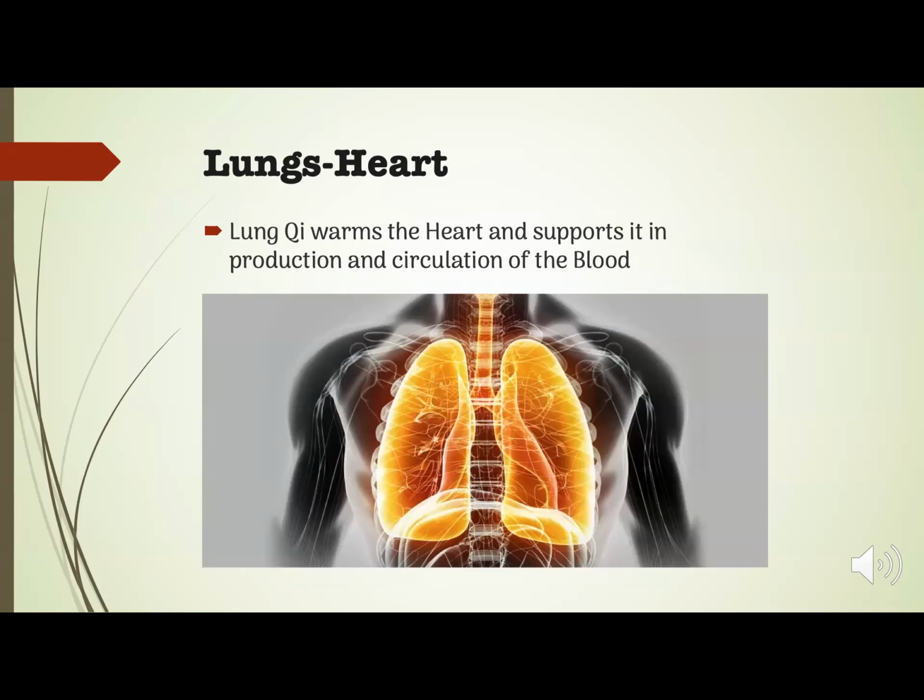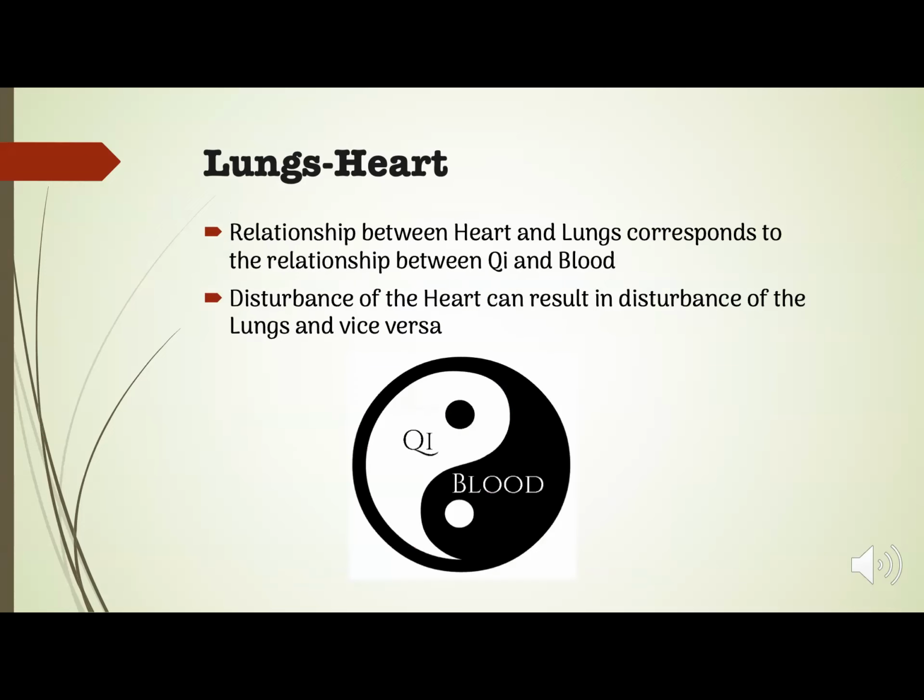Lung qi warms the heart and supports it in production and circulation of the blood. The relationship between heart and lungs corresponds to the relationship between qi and blood. Thus, disturbance of the heart can result in disturbance of the lungs and vice versa.